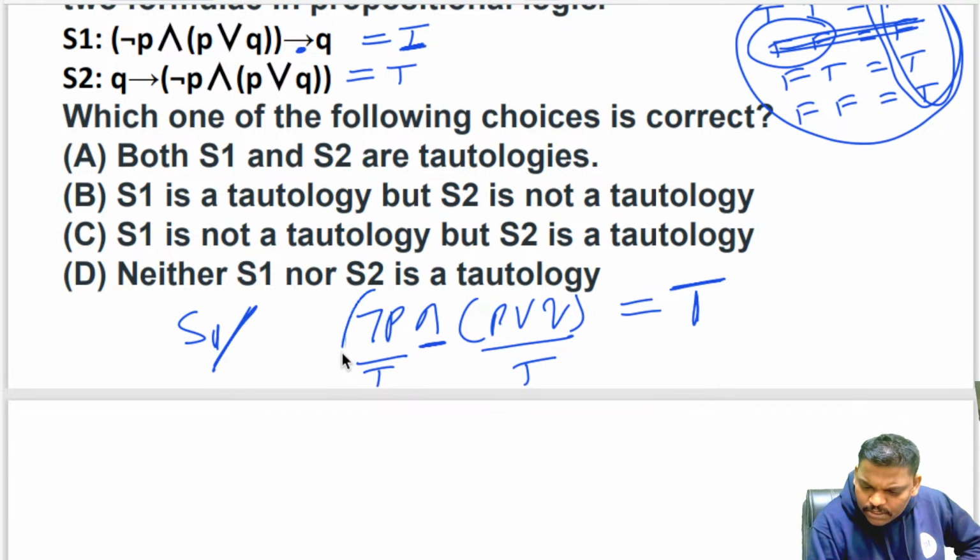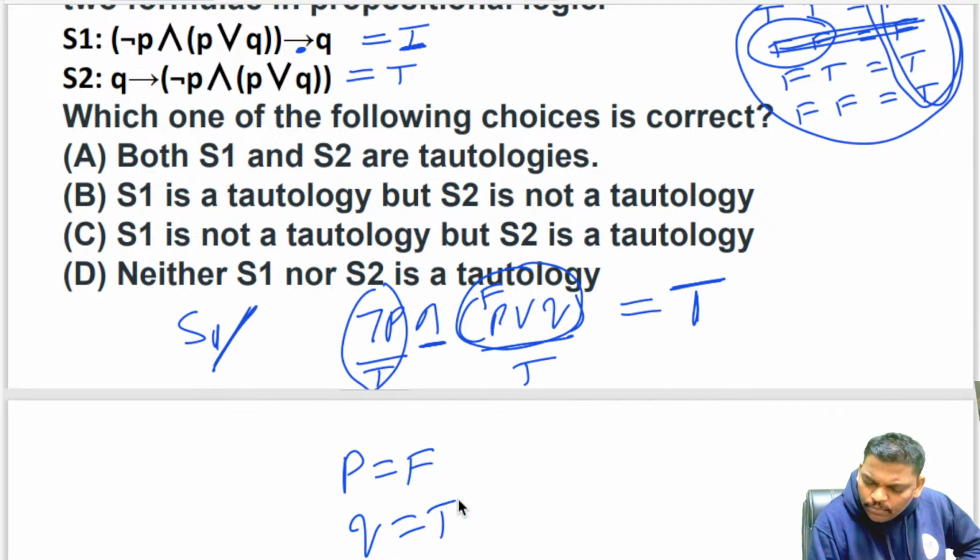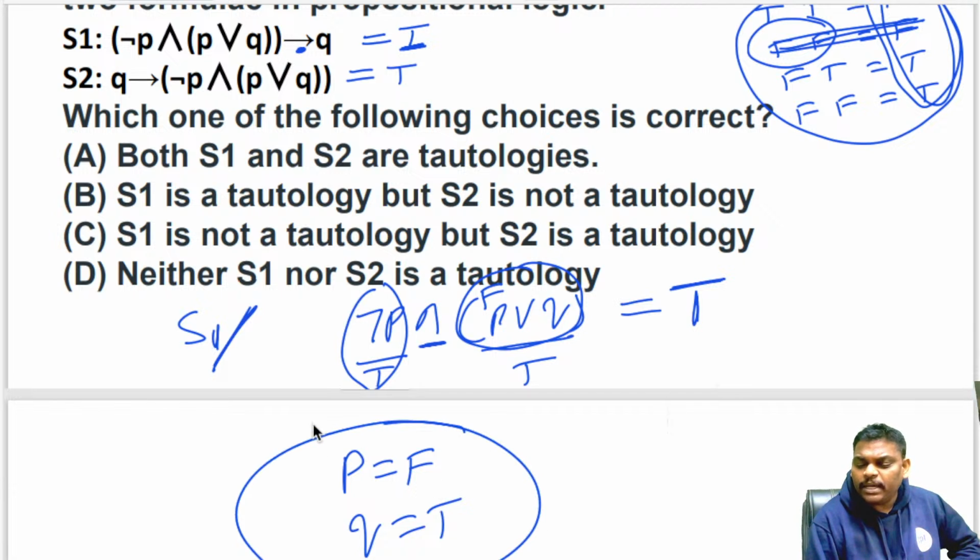Negation P true means P is false. With P false in the OR operator, Q should be true. So by assuming left as true, the conclusions are P false, Q true.